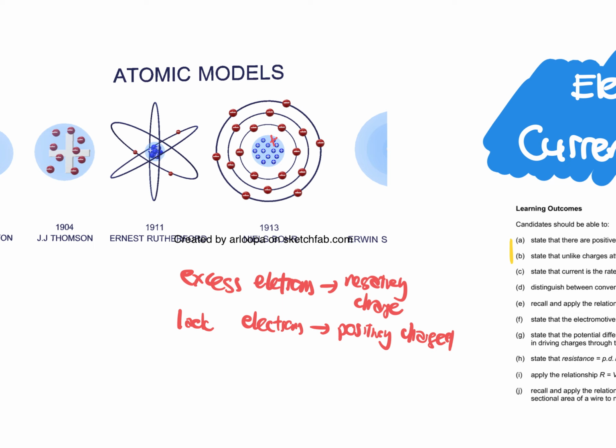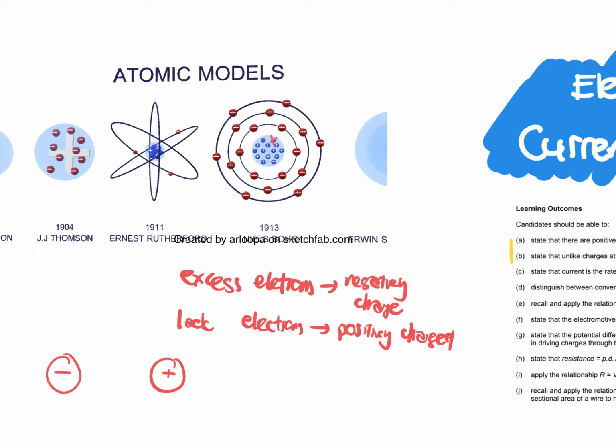So the idea is really about looking at the number of electrons that we have. Now, if I were to put two items, one atom over here, one atom over there, let's say this one has excess electrons, so it'll be negatively charged. And this item over here lacks electrons, so there's more protons, so it'll be positively charged. How do they interact? Well, these two are unlike charges.